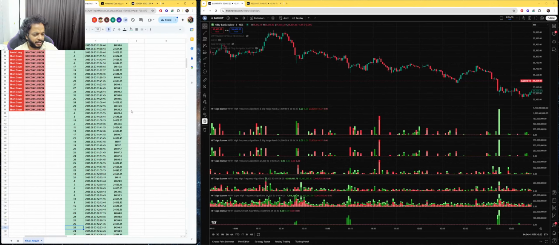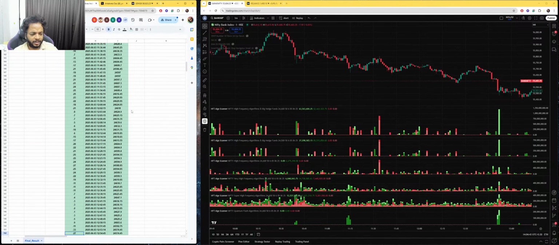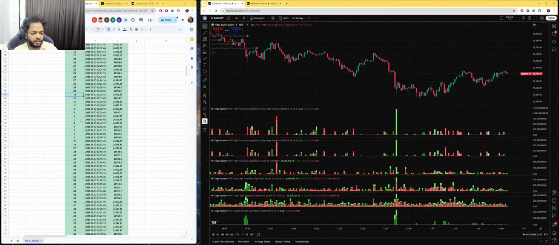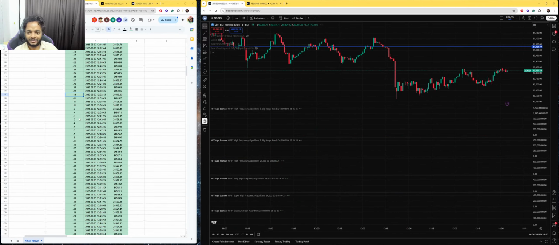The market gave some down move, and after this, around 1232, again it was negative.